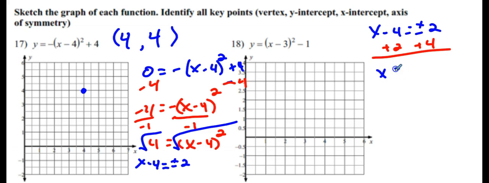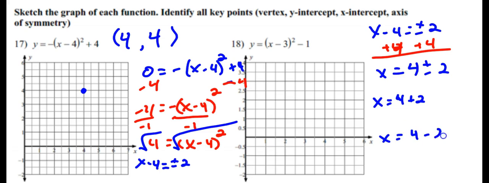X equals, whoa, just realized I wrote 2. Said 4, wrote 2. X equals 4 plus or minus 2. So my two answers are x equals 4 plus 2 and x equals 4 minus 2. 4 plus 2 is 6. 4 minus 2 is 2.